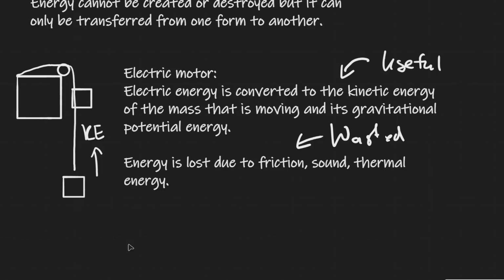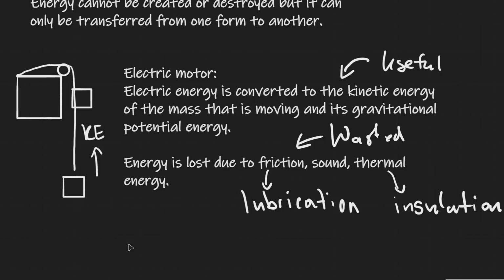In the case of friction, typically we can use lubrication, so something like applying oil to any moving parts to reduce the friction. In terms of thermal energy, in different situations, we can also use insulation to prevent energy escaping into other components of the system.